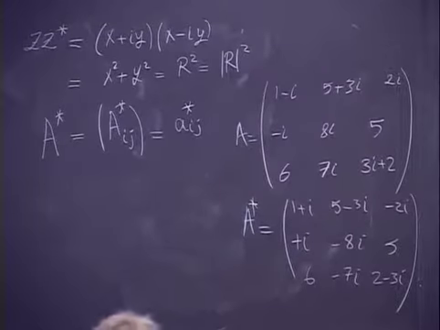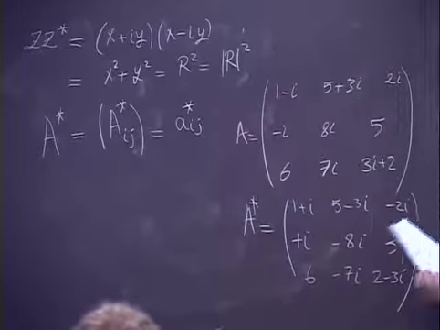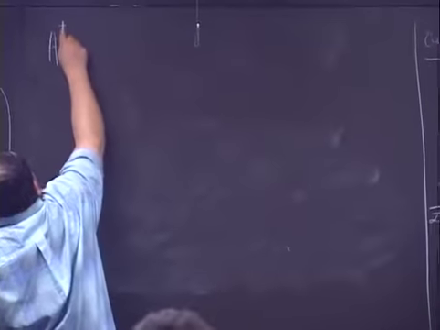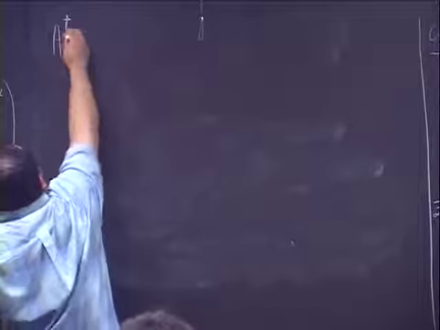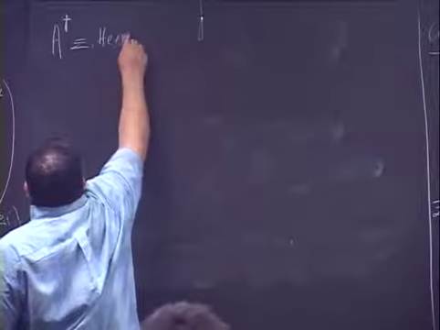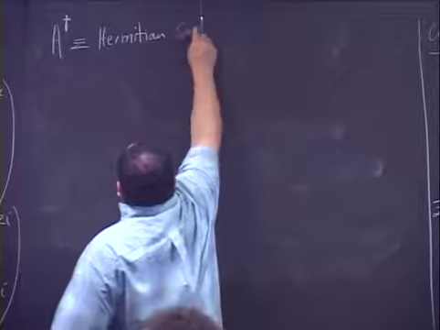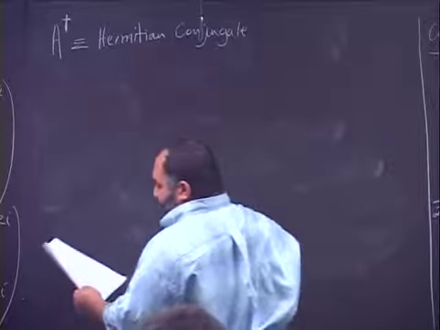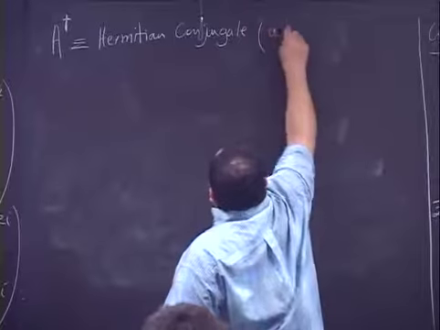So now let's define one more definition here. This is A dagger. This is called dagger. It's a little bit like a cross but elongated, and we call it the Hermitian conjugate for the matrix, and sometimes we call it the adjoint.